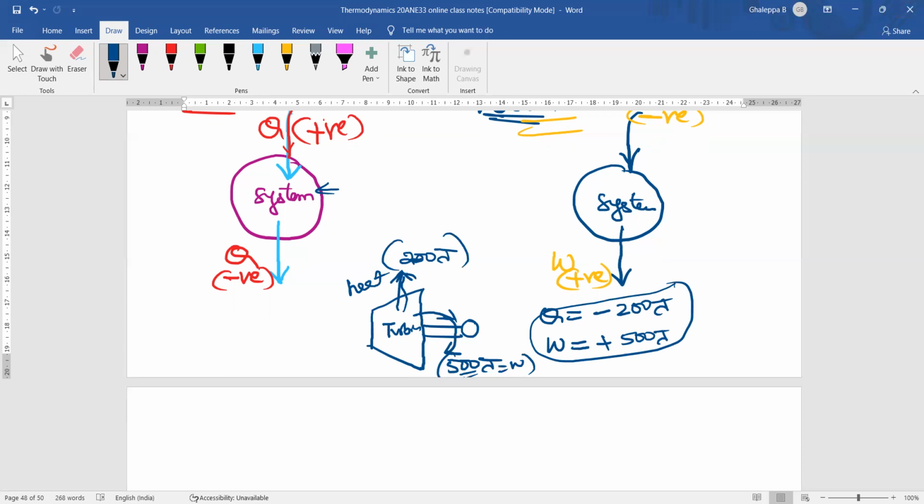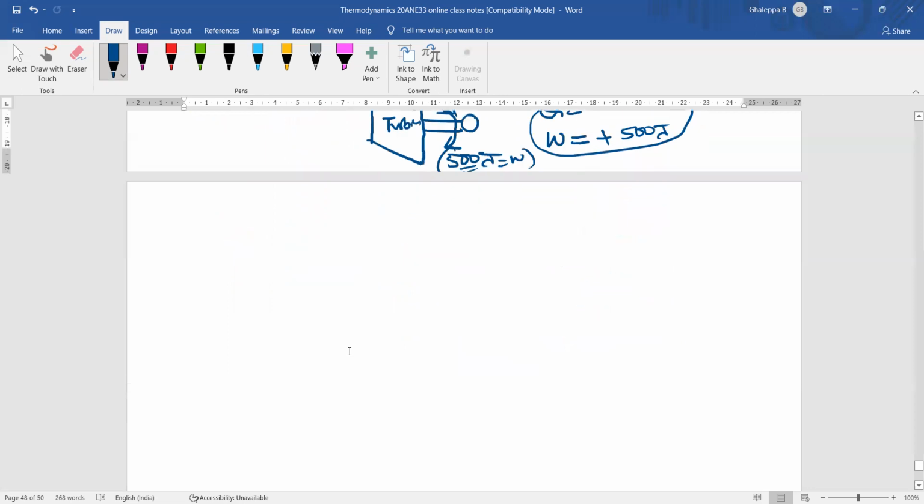One more condition. Let us assume that there is a compressor. This is the symbol which is used for a compressor. Listen to my words carefully.